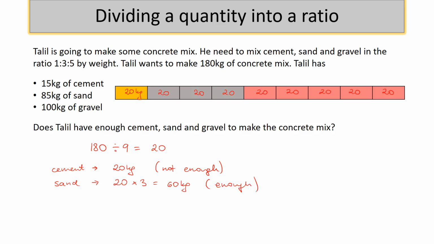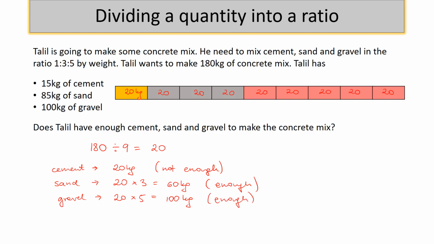And let's check gravel now. So that is 5 parts in my ratio. So that's 20 times 5, which is 100 kilograms. And he does have exactly 100 kilograms, so it is enough.